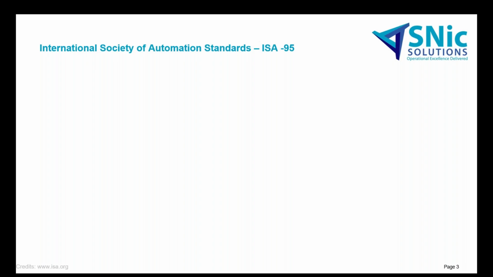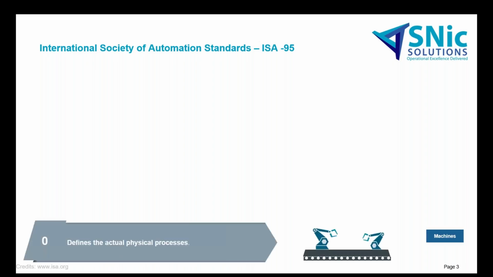And to put it simply, most of our manufacturing facilities have already machines that are part of our system, and ISA 95 defines this as level 0, and they being actual physical processes.